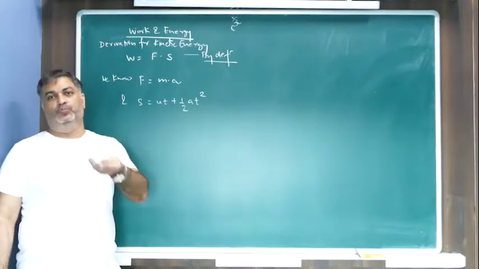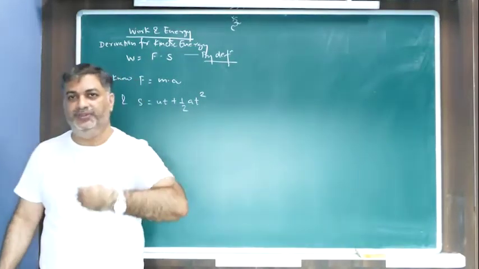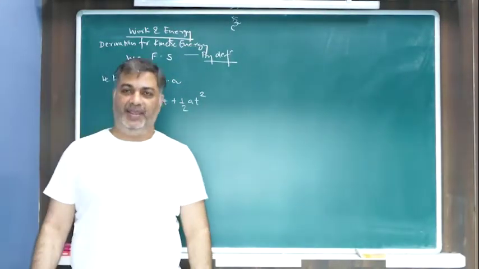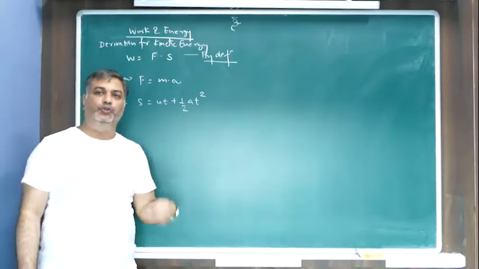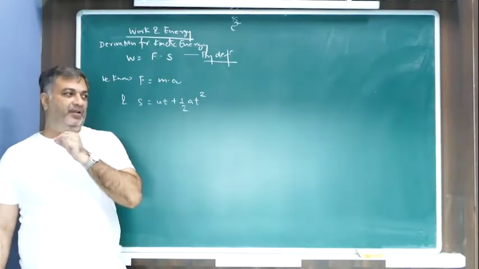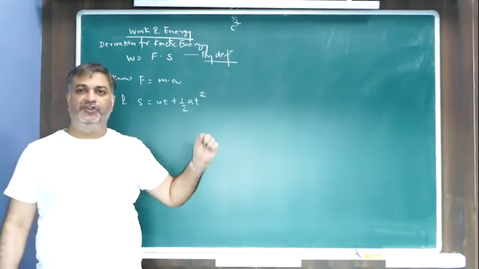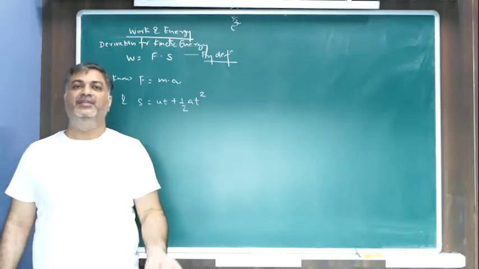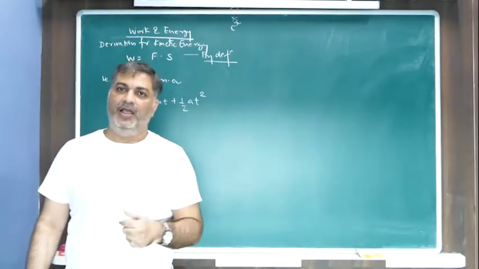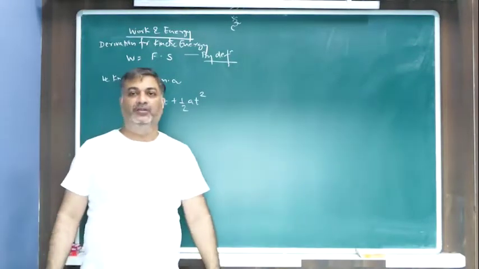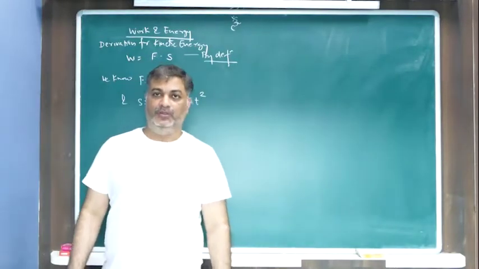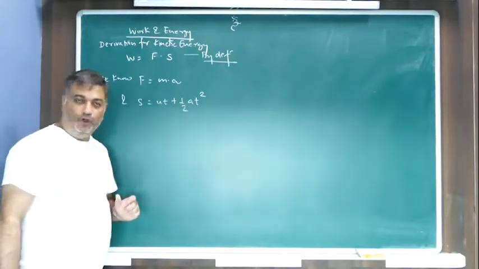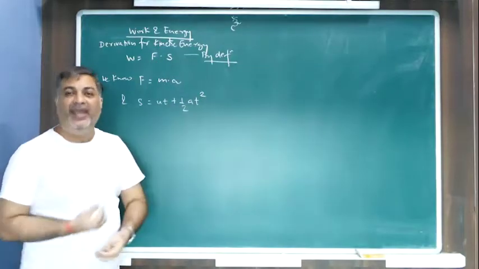So if I have to rewind and say this in a flow, consider a body of mass m with an initial velocity u, having final velocity v in time t. Let the acceleration in this time t be a and the displacement of the body be s. The force F causes this displacement, therefore work is equal to F dot S.